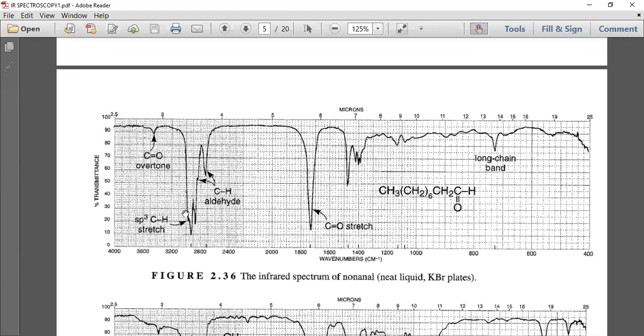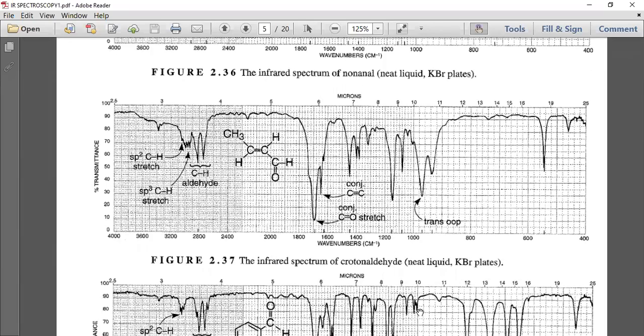Okay, then these are all aliphatic CH stretching vibrations which appear at less than 3000. This is the 3000 line, so they are below 3000. So when we look at the spectra, we can clearly identify them. This is unsaturated conjugated aldehyde, so that is why we are observing this peak at less than 1700, right? Maybe 1690 or something like this.